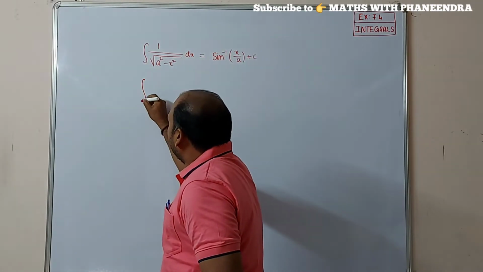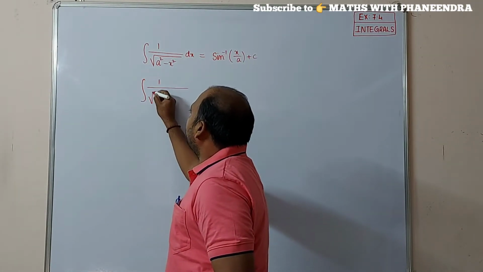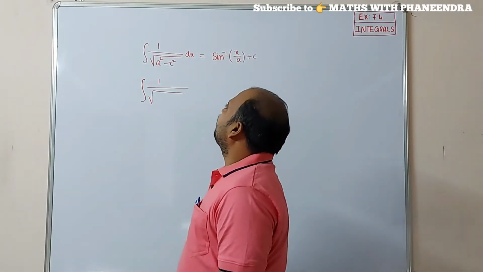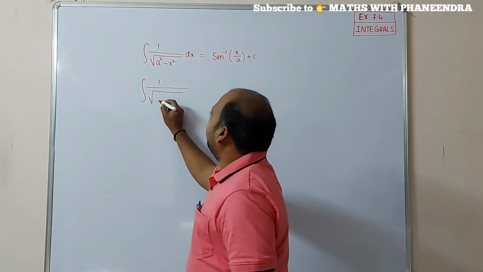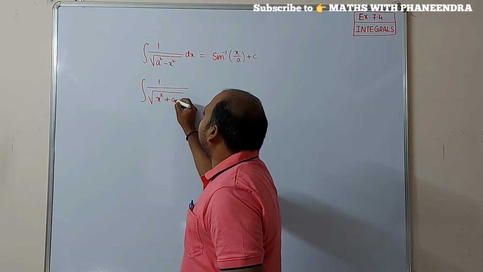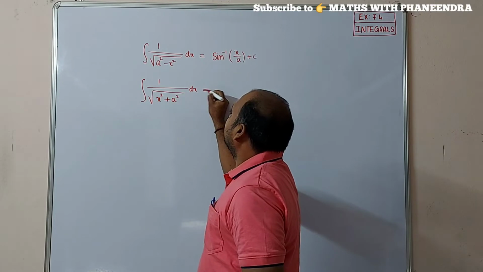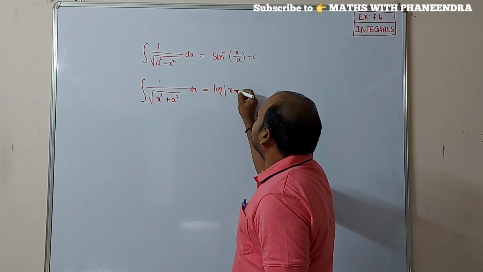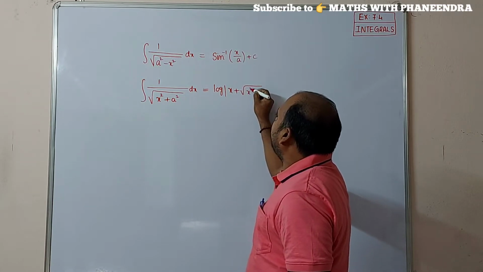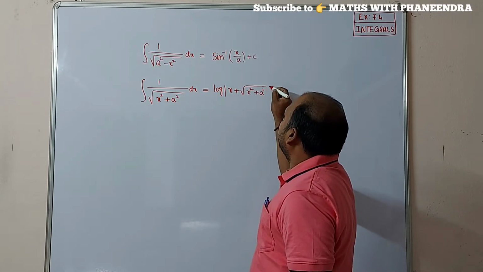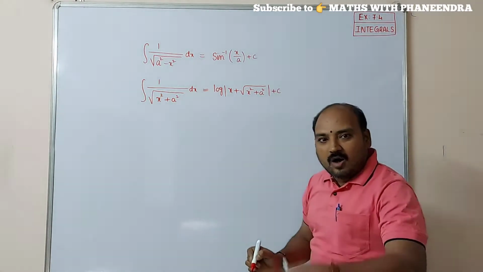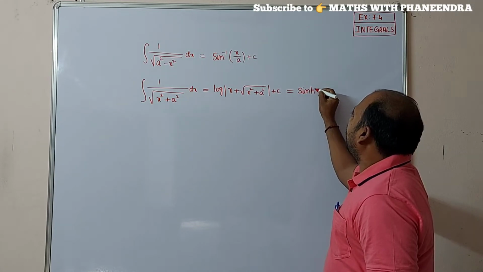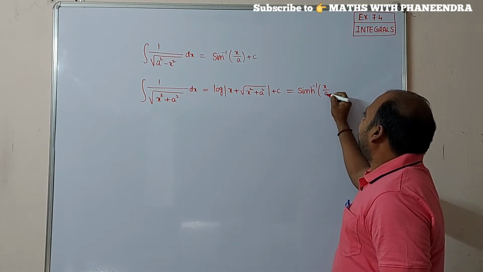Suppose integral 1 by square root of, if it is interchanged and plus is there, x square plus a square dx, the answer is log mod x plus root over x square plus a square plus c, or in other terms sine h inverse of x by a plus c.